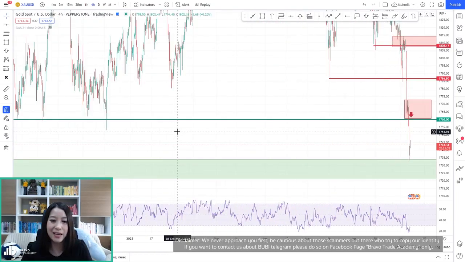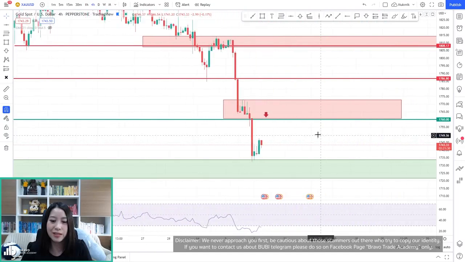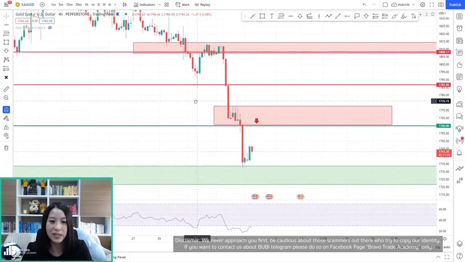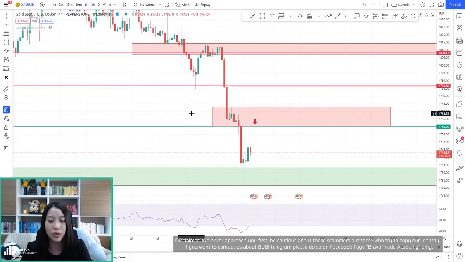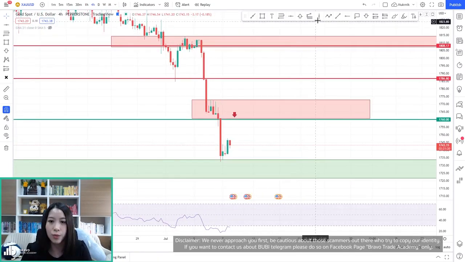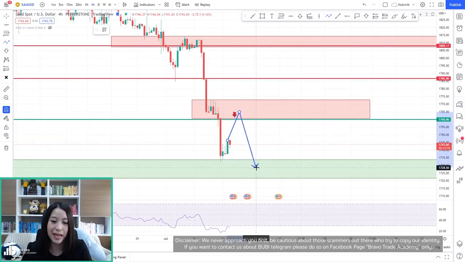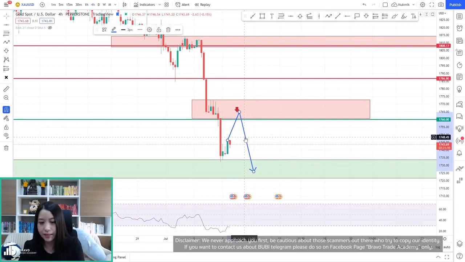As you can see, it's just the zone, we don't have something like a pullback or a resistance. So at this zone, you can check for the signals and sell it back down. So that's the selling plan.